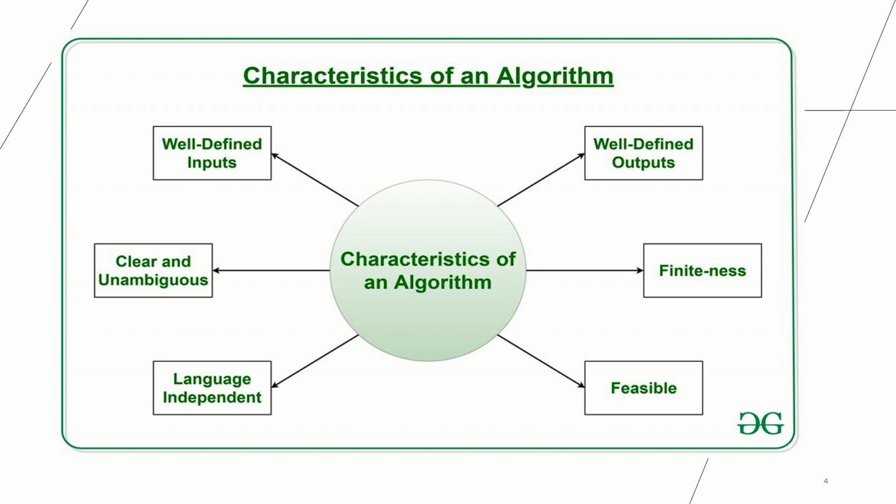That's the thing. You use syntax in your own language, but the algorithm remains the same. It doesn't change. Okay. So it is clear and unambiguous, with a well-defined input. If you are given a well-defined input, then you get a well-defined output. But there is a condition: if you know the better algorithm.